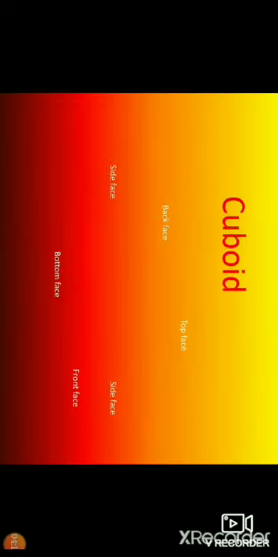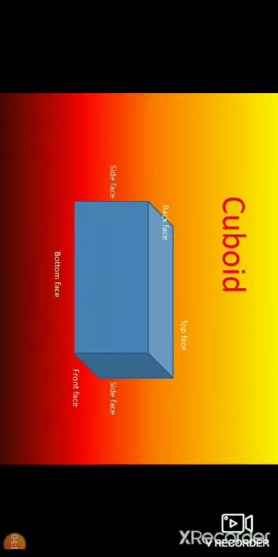The next shape is the cuboid. A cuboid has the same characteristics as a cube, but it is based on a rectangle. It has six faces: top face, bottom face, back face, front face, and both side faces.